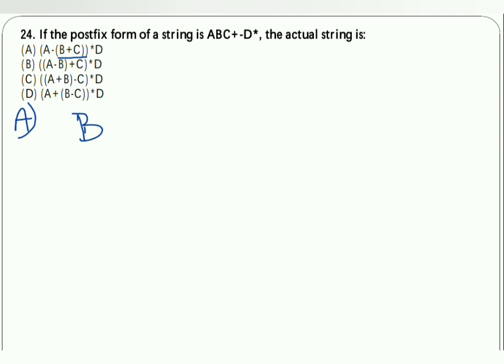So BC plus, next minus A, and then B, and then the operator for multiplication. This one is matching with the given question, right? So the answer is A.